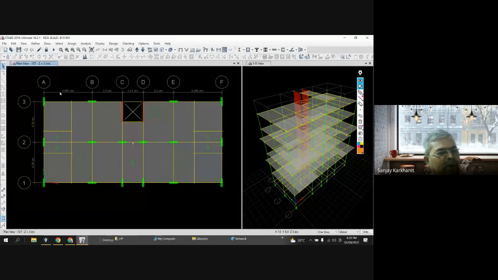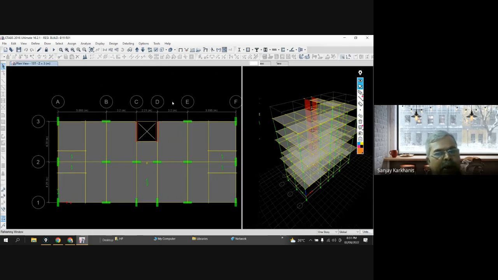You may change the sizing of columns, or you may apply, say, L type of shear wall over here, L type of shear wall over here, L type of shear wall over here and here. Or for this wall, you may apply instead of this column, you may apply a wall over here and see the changes. That will help you understanding the dynamic behavior of the structure, and that will increase a confidence in you.